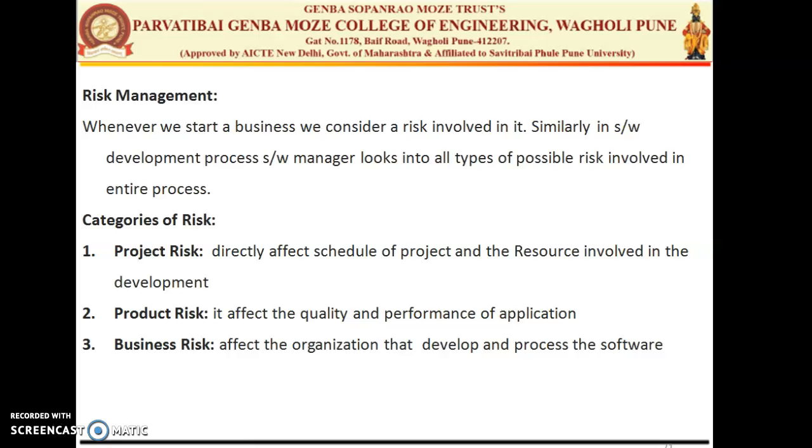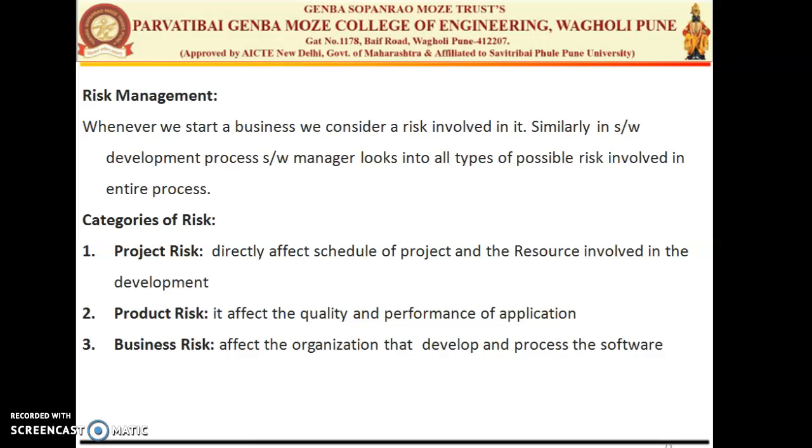It involves focusing on all possible risks that could affect the project development process, like the schedule of your development process, or the quality of your application under construction. These things need to be understood by the software manager, who will look for the possible potential risks.